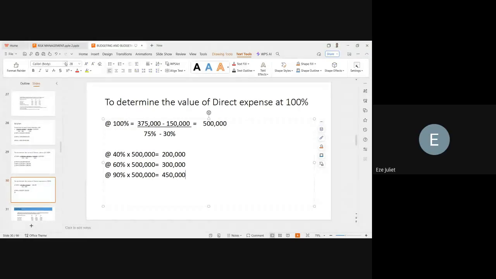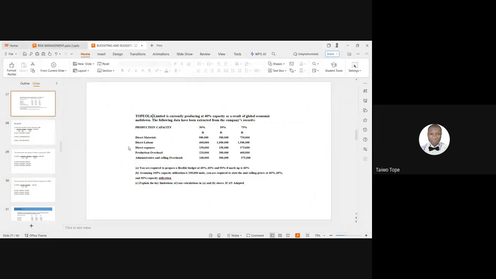Yes, sir. Now, fine. Let's take it further. We have the issue of production overhead. This production overhead is not directly stated as variable overhead or fixed overhead.